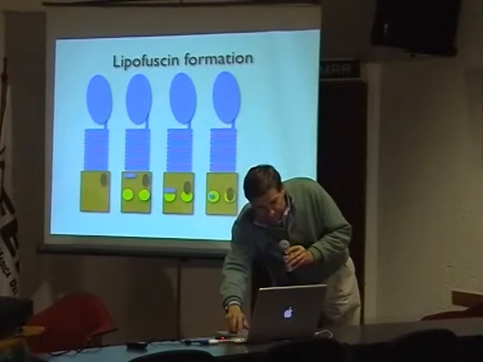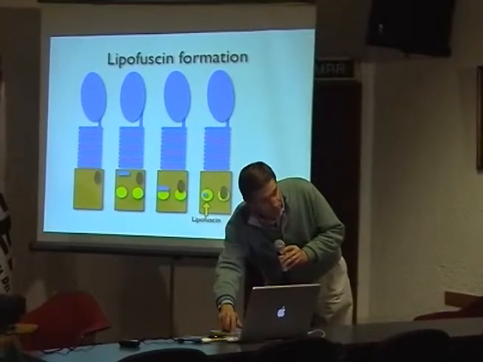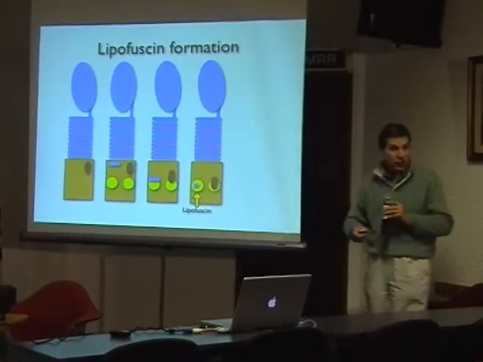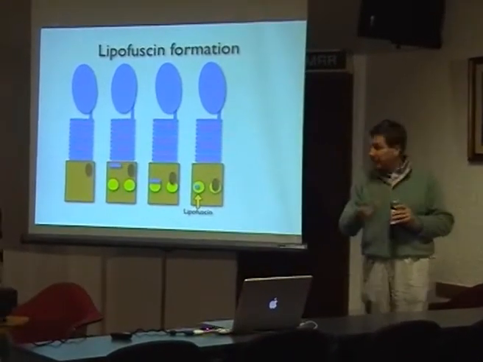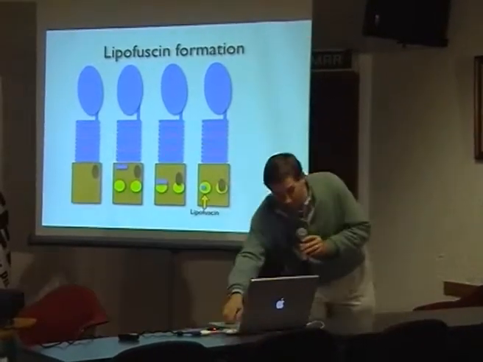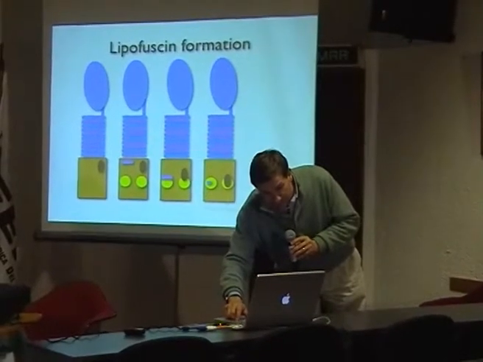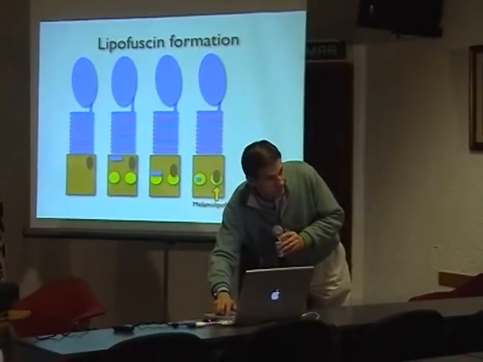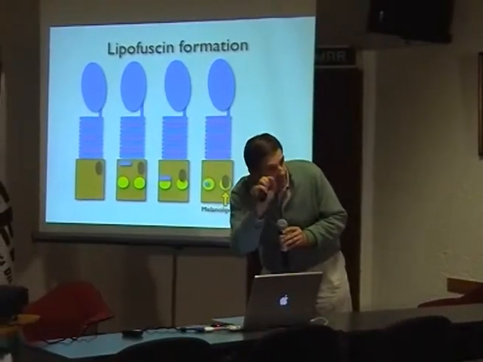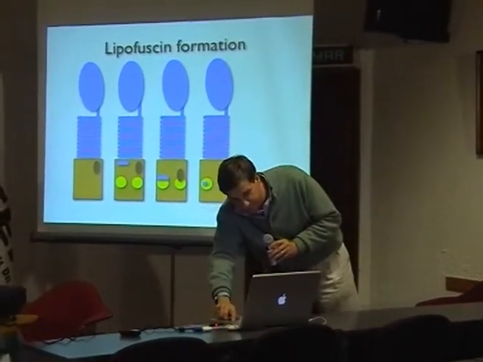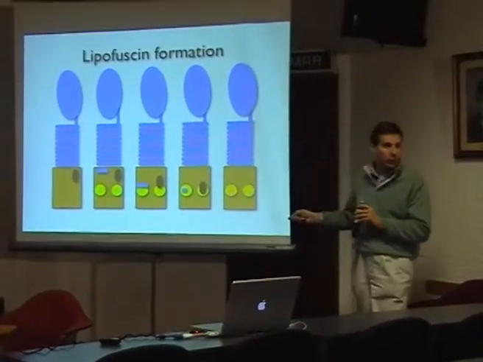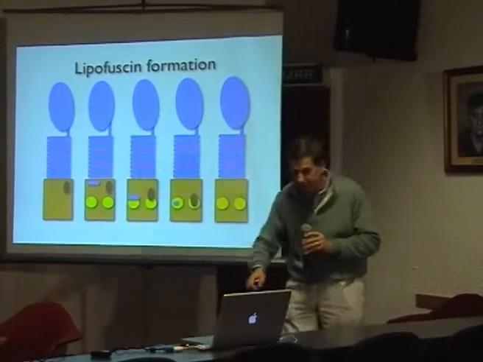When it's not digested completely, you create lipofuscin. The other possibility is the degeneration of melanin granules, which can create not exactly lipofuscin, but melanolipofuscin. And we will see some images that underline the melanolipofuscin. But at the end, you have all the lipofuscin granules.